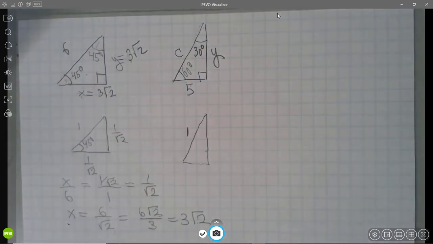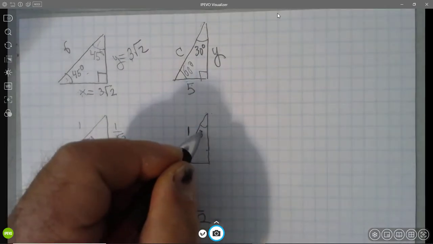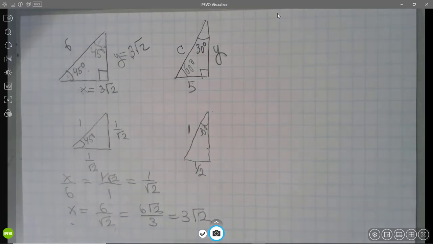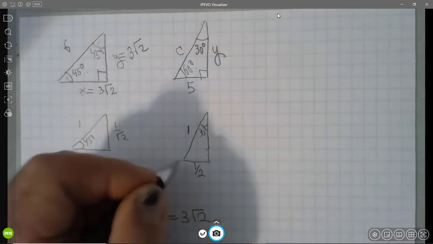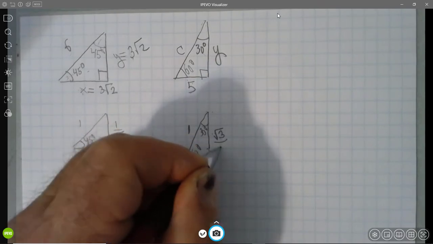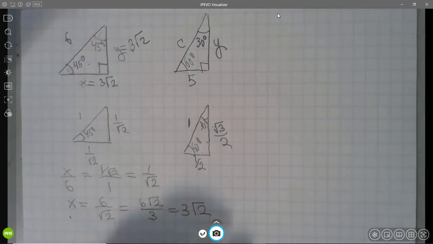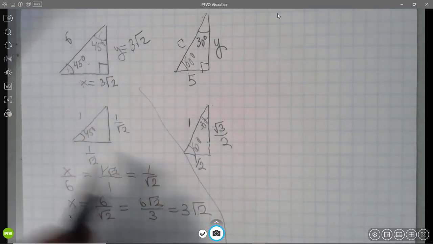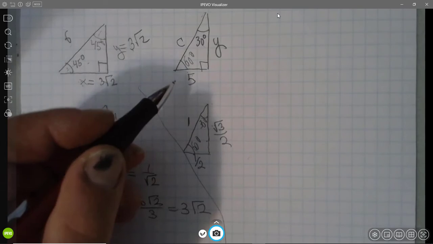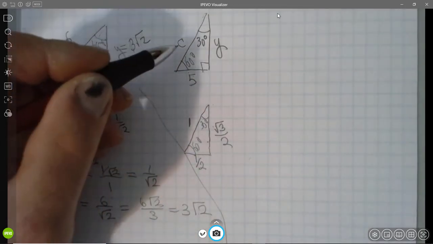If the hypotenuse is 1, the 30-degree angle is opposite the leg of length 1/2, and the 60-degree angle is opposite the leg of length root 3 over 2. So that's my old stuff over there. Okay, we can now just compare the two triangles.